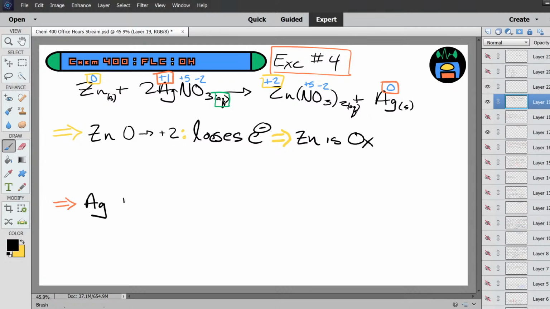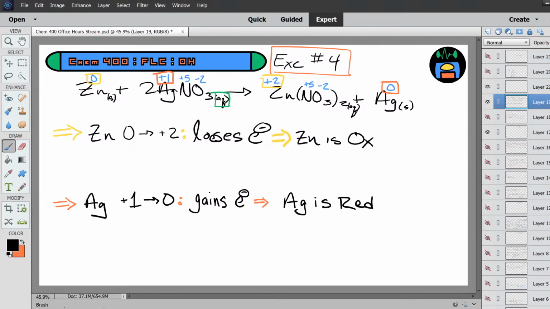Silver goes from +1 to 0, which means if you go from a positive to 0, you have gained electrons, which means that silver is the substance that is reduced.